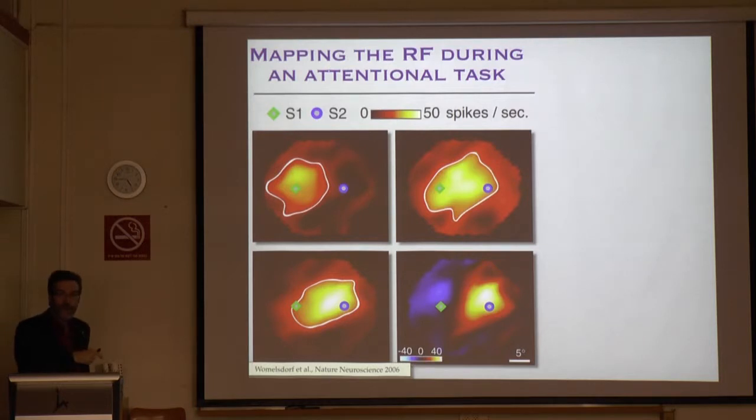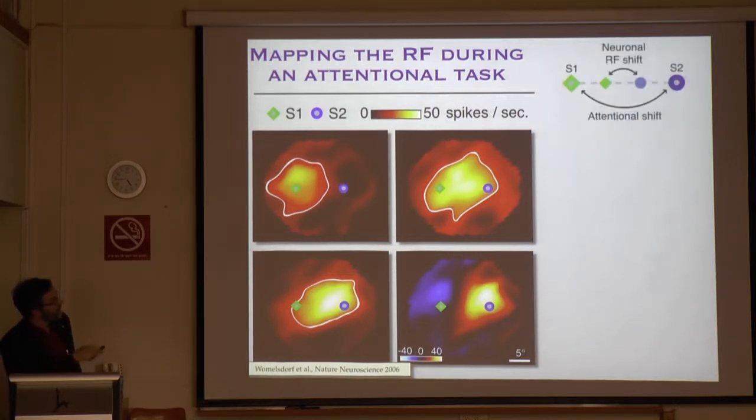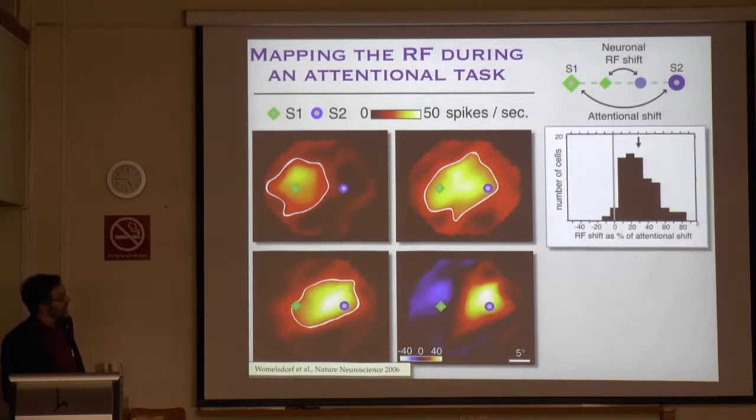And what we want to know is whether the sign and the magnitude of the shifts of these two, behavioral and physiological, match. So here's a symbolic representation. There's a stimulus distance, which is the attentional shift, and there's a center of the receptive field shift, which I call the neuronal receptive field shift. If we look at this for every neuron, and that follows up exactly on your question, then we find that almost every neuron has a positive value, meaning that it shifts in the same direction as the behavior of the animal, right?